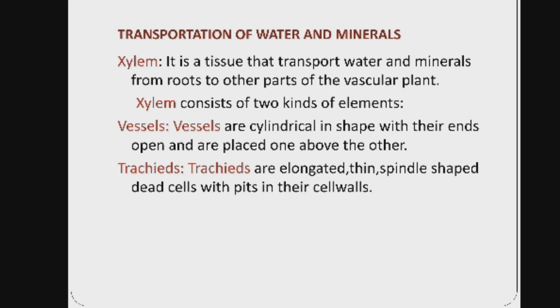The vessels are cylindrical in shape with the ends open and are placed one above the other. But the tracheids are elongated, thin, spindle-shaped cells with pits in their cell walls.